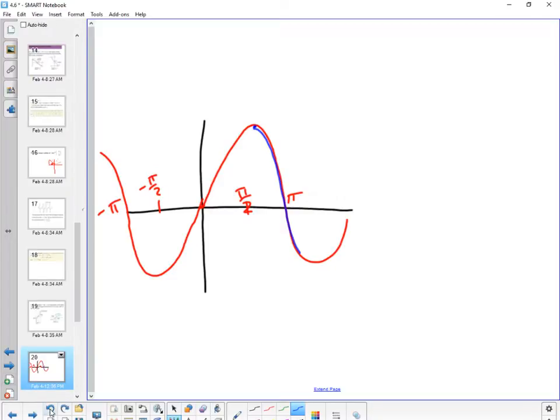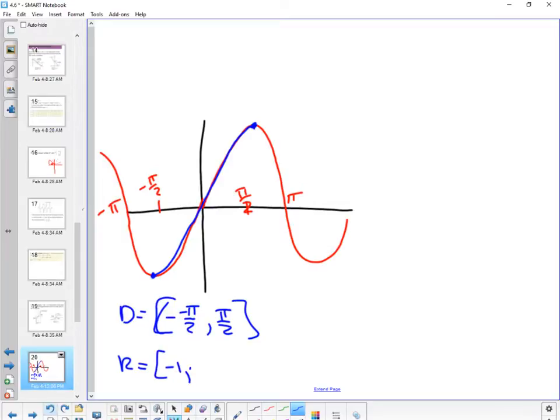Okay, so I can go from here to there. Good. So what's the domain here? Just this blue piece: negative pi over 2 to pi over 2. And then the range is negative 1 to 1.